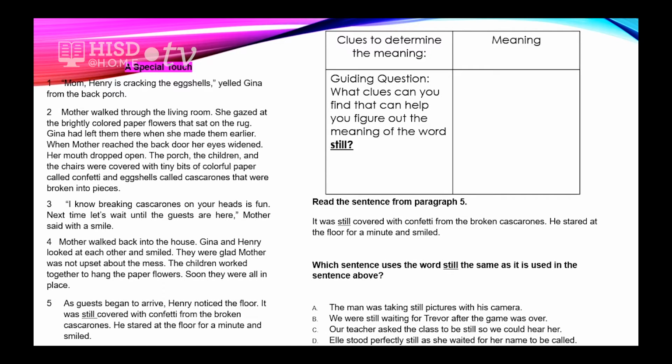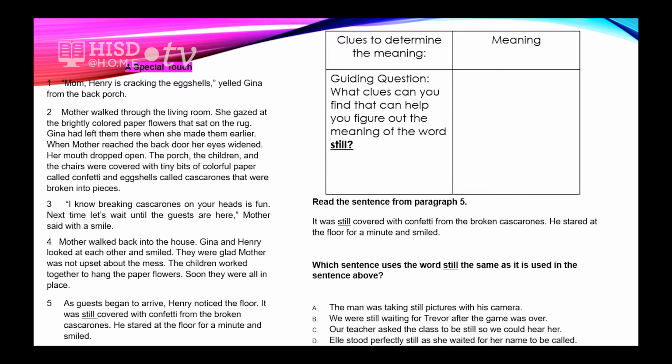A Special Touch. Mom, Harry is cracking the eggshells, yelled Gina from the back porch. Mother walked through the living room. She gazed at the brightly colored paper flowers that sat on the rug. Gina had left them there when she made them earlier. When Mother reached the back door, her eyes widened. Her mouth dropped open.